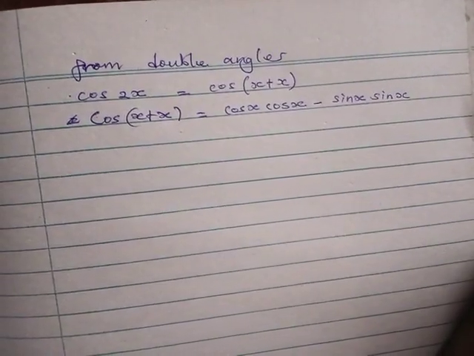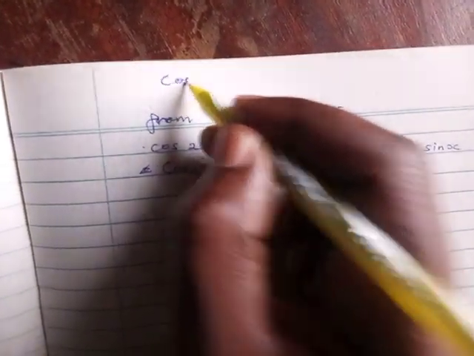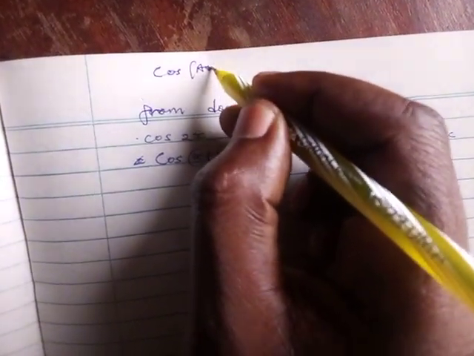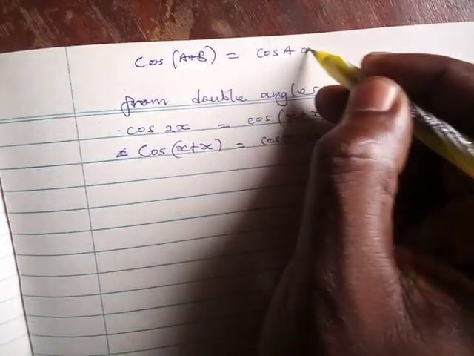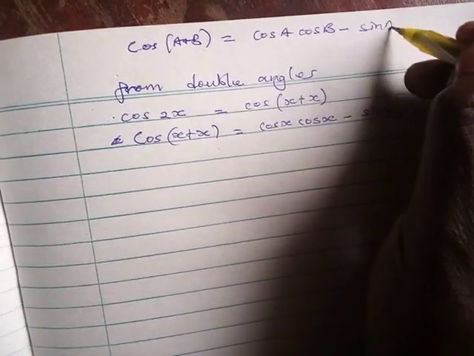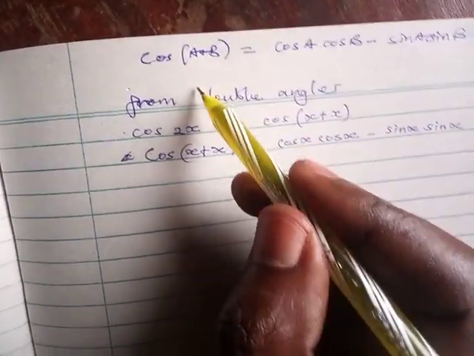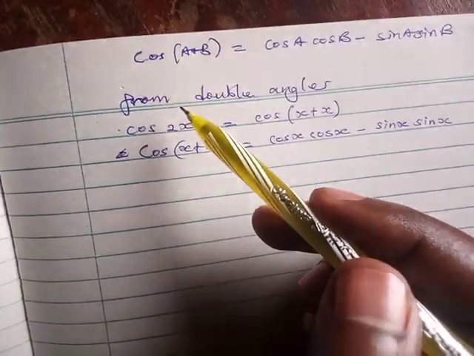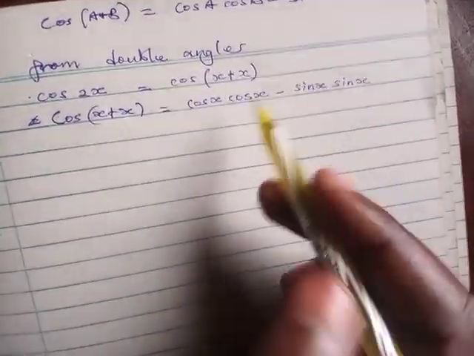Because remember, it comes from when you're having cos of a plus b. You say this is the same as cos a cos b minus sin a sin b. But now here we are having x and x.